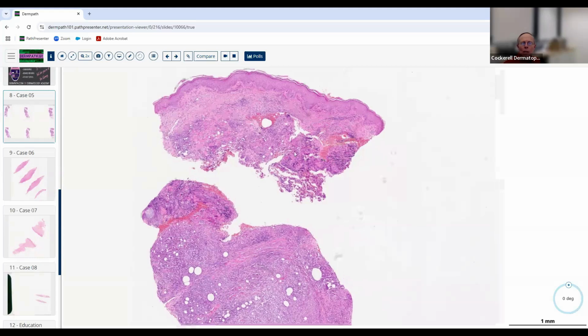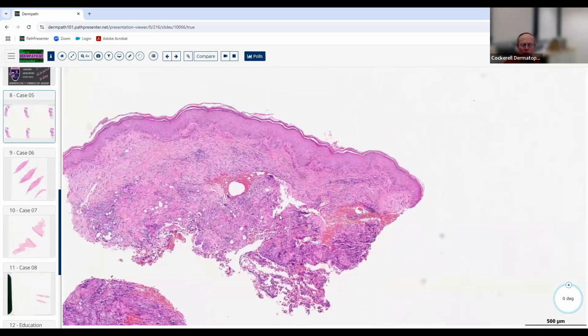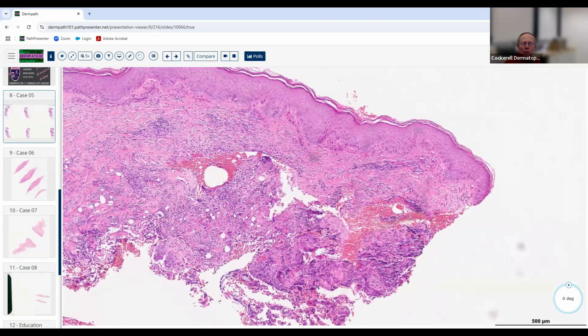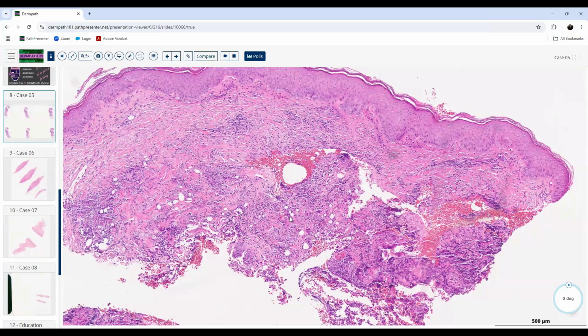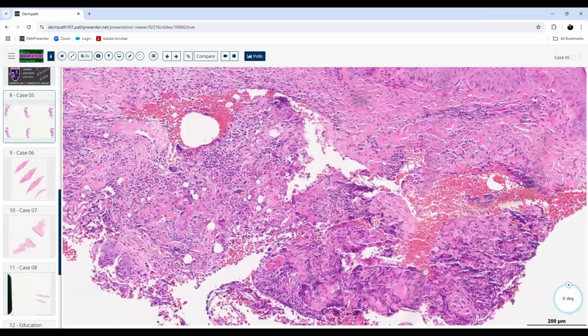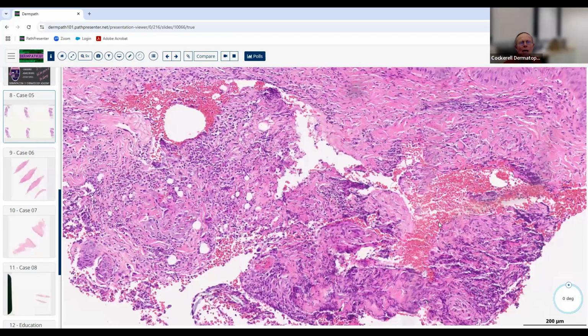Now, of the infectious diseases, is there anything about this area right here that might be a clue to which pathway of infectious diseases you're going to go down? So I am looking for some blood vessels. I think I see some maybe erythrocytes. Yeah, this is probably just trauma from the biopsy.